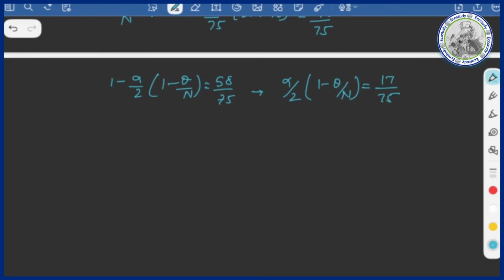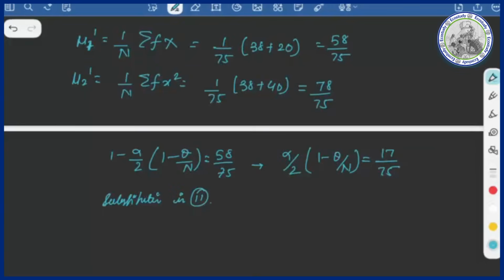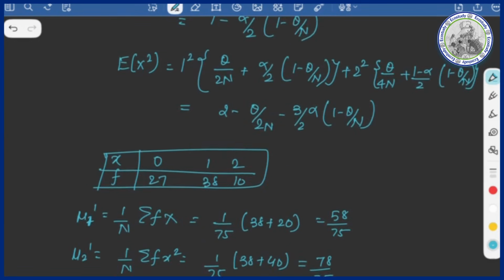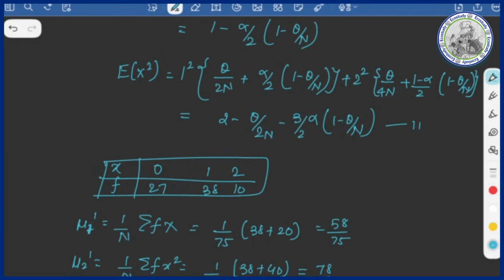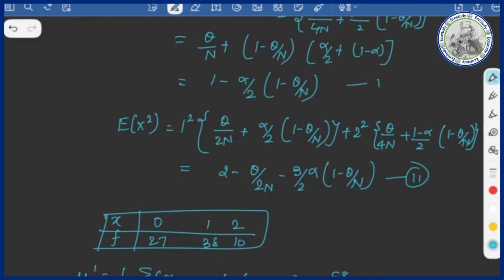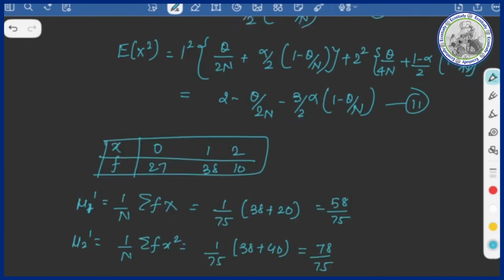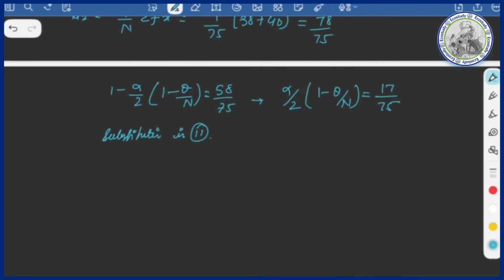Now substitute this. Sorry, we have to substitute this in the second equation, and the second equation is what? This is the second, it is the first. So when you substitute it in the second, what do we get?